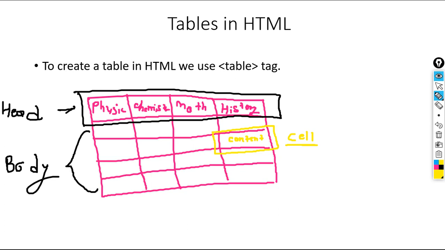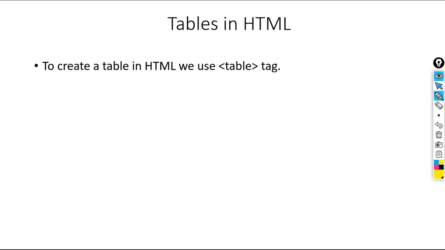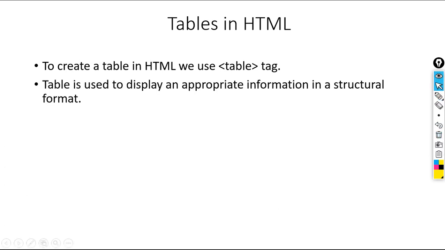To create this table we use the table tag. And why do we use a table? We use a table to represent information in a particular format. Understood? Table is used to display appropriate information in a structured format.